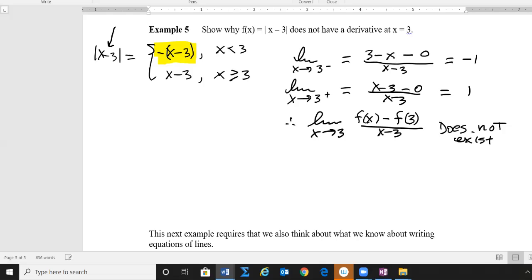So you might call it a trick, but okay, now on the other side of the function, when x is greater than or equal to 3, well, this expression already is positive, so you really don't need the bars in here. I mean, when x is 3, it's a 0, that's fine. But as long as x is greater than 3, then whatever x minus 3 is, that's what the absolute value is for that expression.